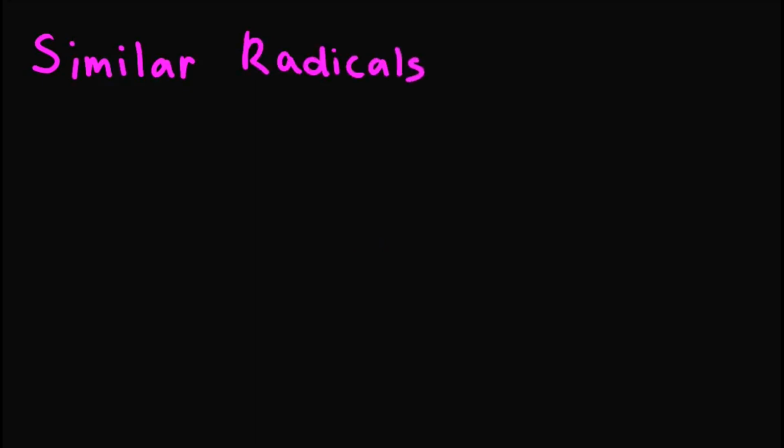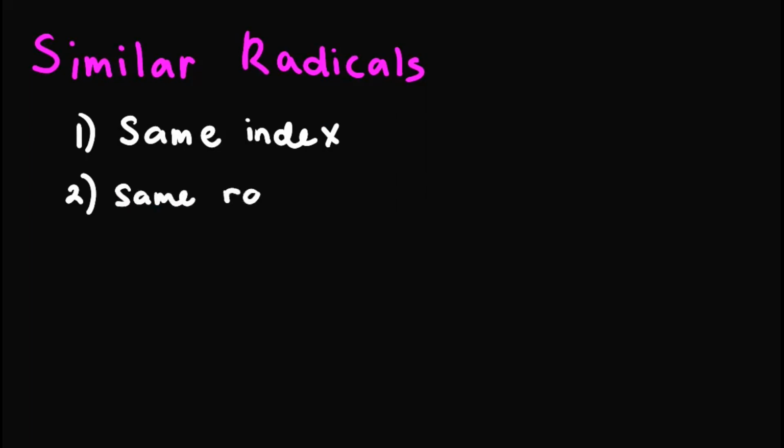So we say that two or more radicals are similar if, one, they have the same index, and two, they have the same radicand.